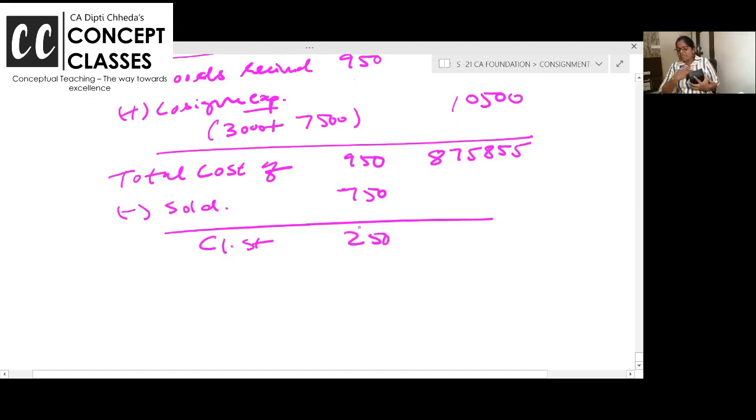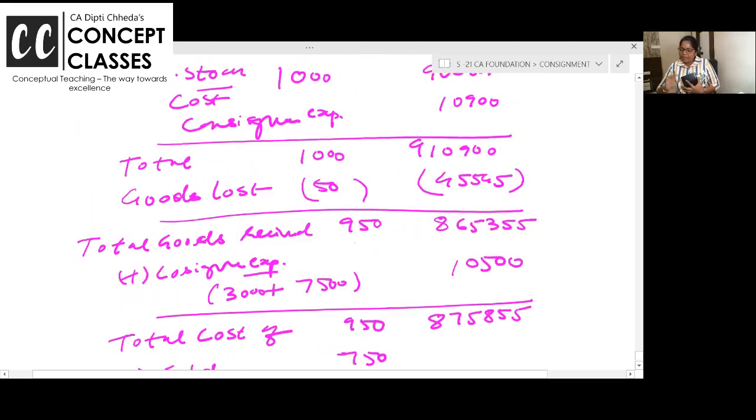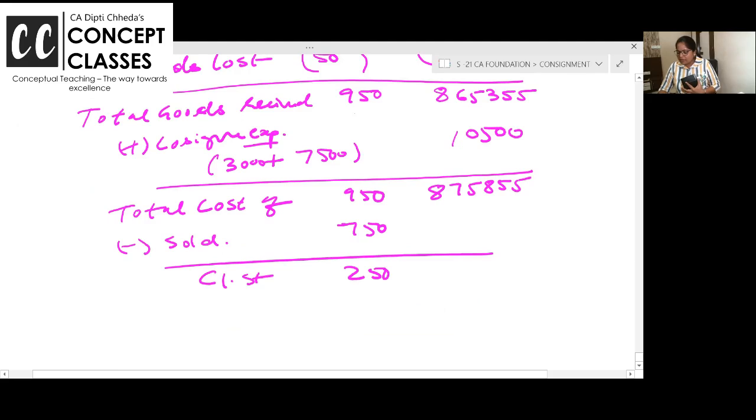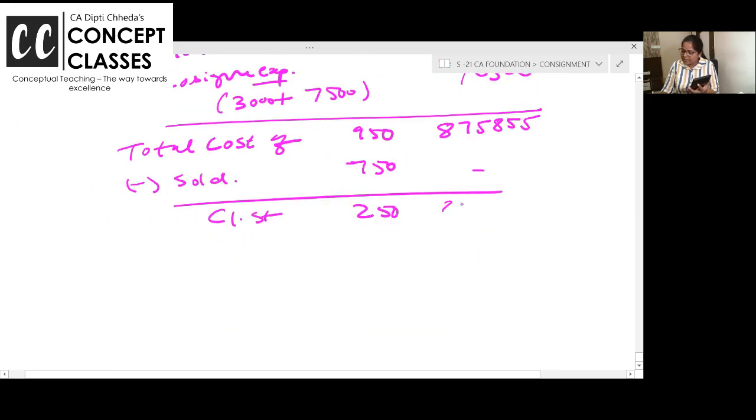I agree, dear students, this is a little lengthy method, but you will never make a mistake in the flow. You don't need to calculate the cost of the sold units. 875,855 divided by 950 gives you the per unit cost in decimal. Directly multiply by the closing units.